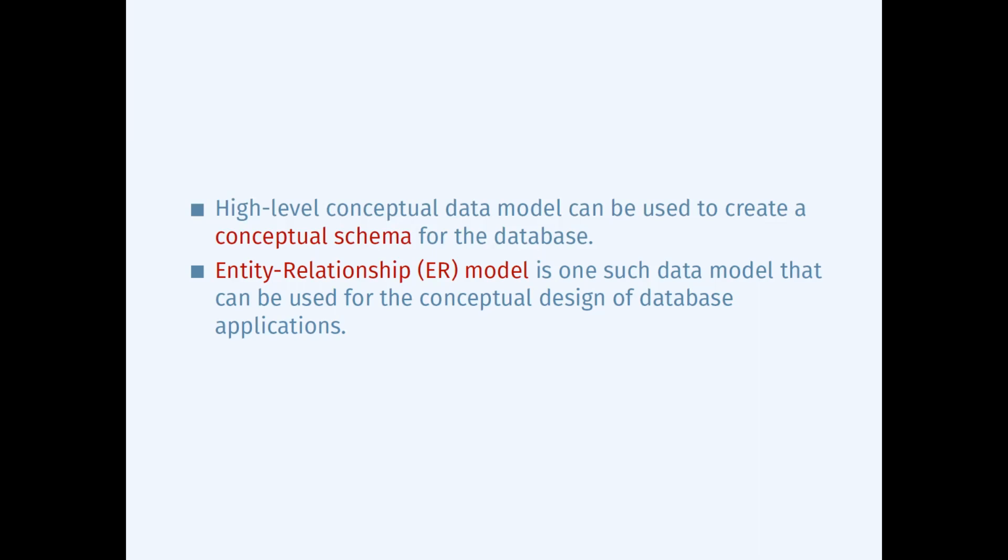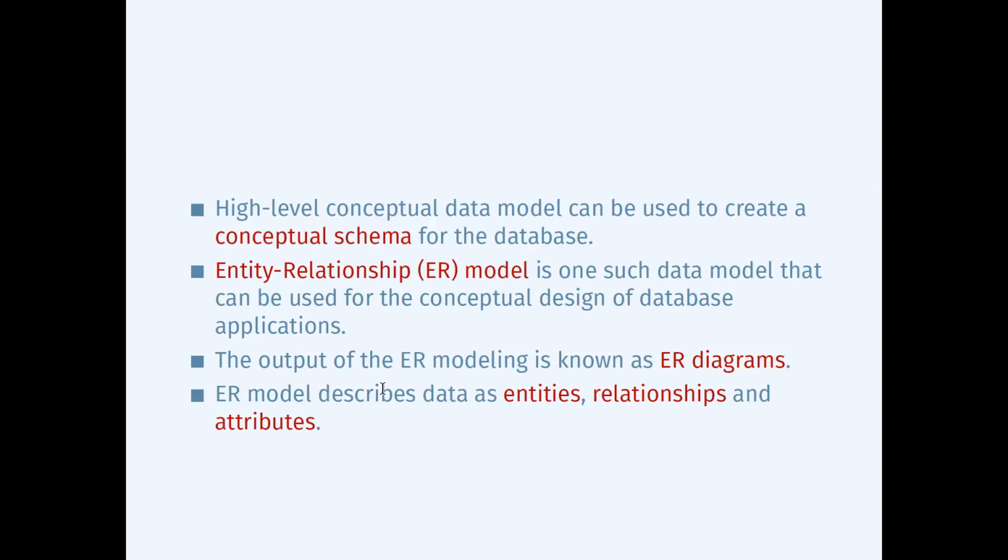So an entity relationship or ER model can be used to create the conceptual design of a database. And the output of the ER is known as the ER diagram. And how an ER diagram describes the data, we can find it as entities, relationships, and attributes.